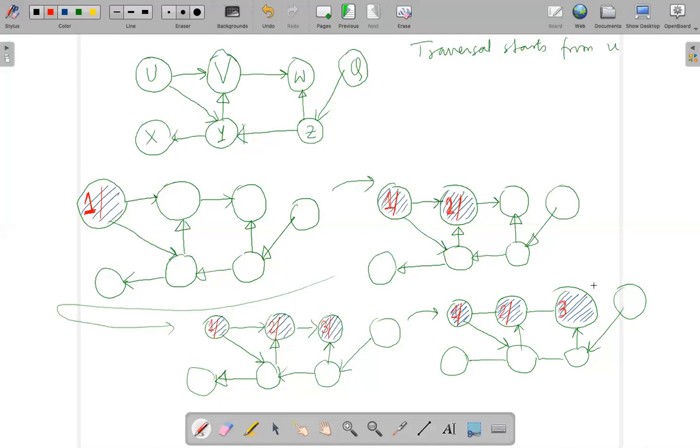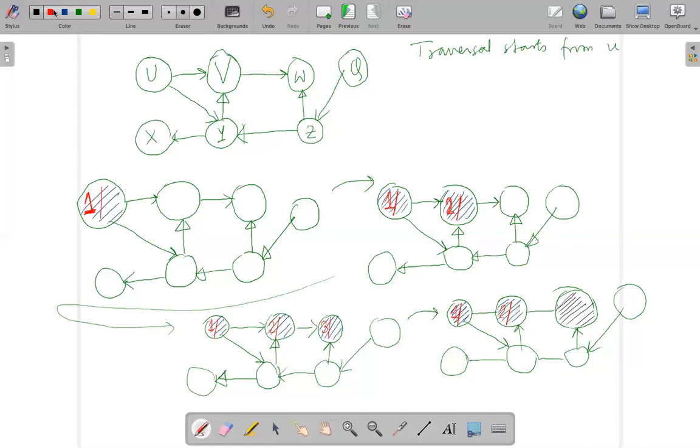Now you see in this particular stage, since there are no further white nodes that can be explored from W, W becomes black.